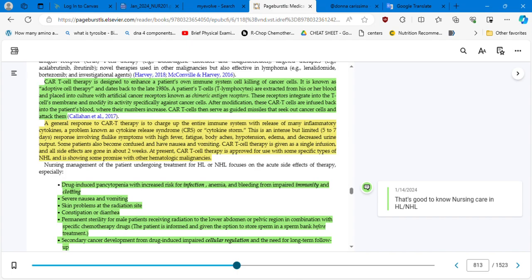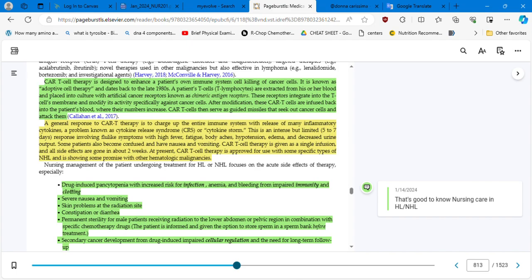After this process, the CAR T cells are infused back into the patient's blood, where their numbers increase. These CAR T cells then serve as guided missiles that seek out cancer cells and attack them.